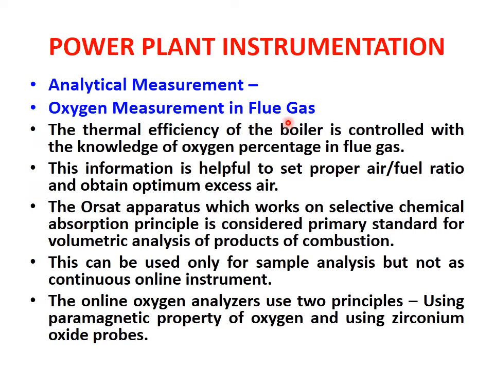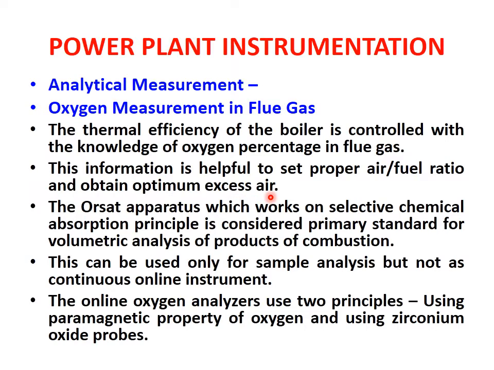We know that the basic way in which the efficiency of any particular system can be improved is by reducing the amount of exhaust emissions. This flue gas is itself an exhaust emission, so the oxygen measurement in this flue gas is more important. This information is helpful to set the proper air fuel ratio and obtain optimum excess air.